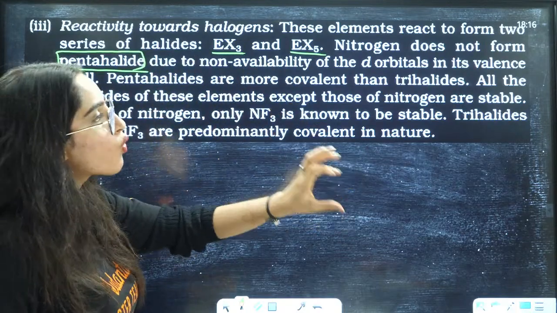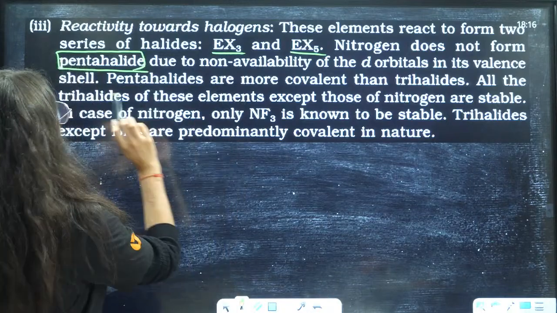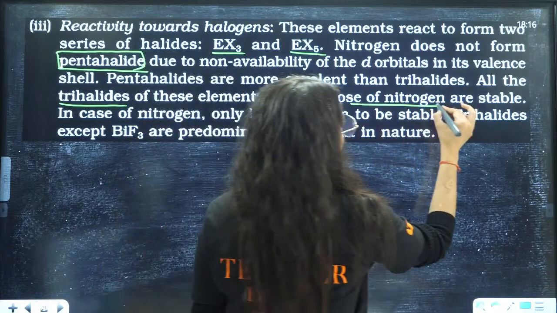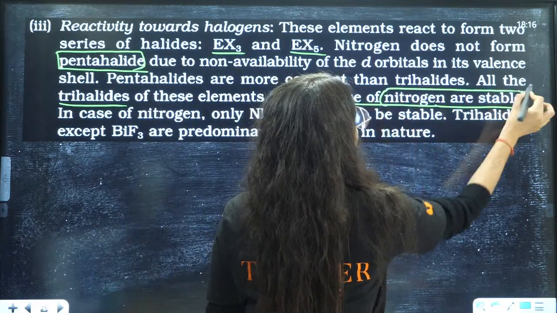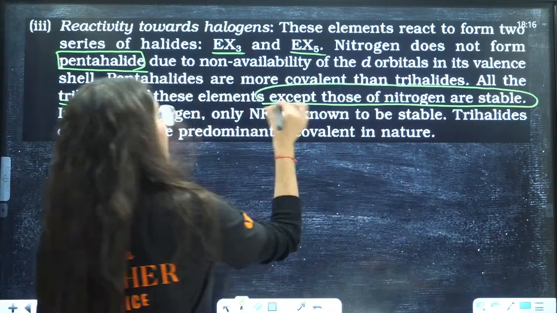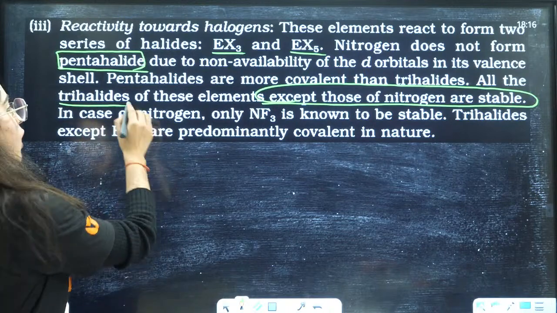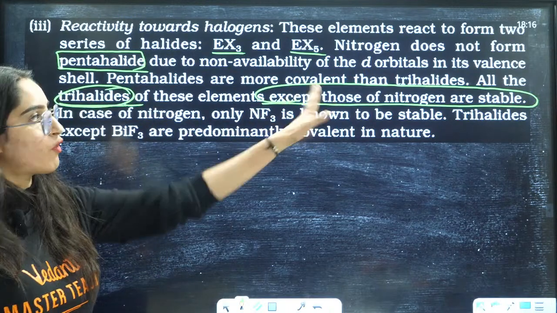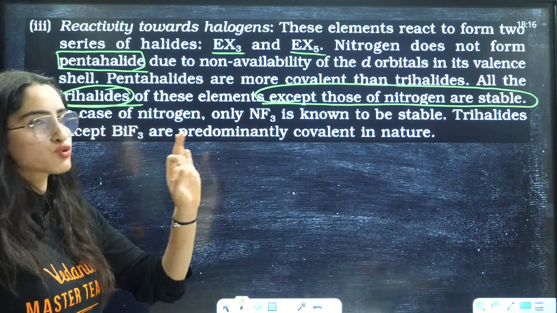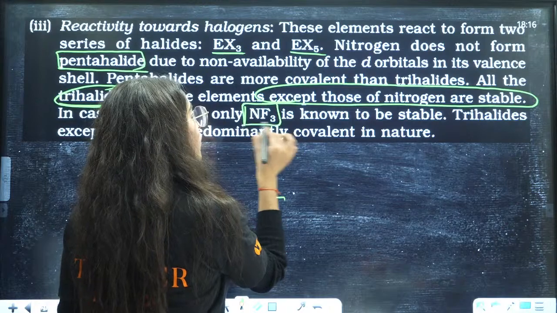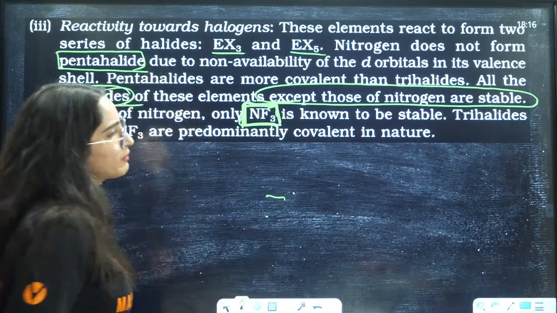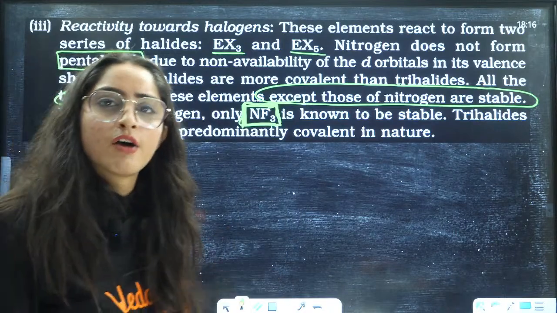Pentahalides are more covalent than trihalides. All the trihalides of these elements except those of nitrogen are stable, right? Nitrogen trihalides are not stable. That means all the trihalides are stable except for nitrogen. In case of nitrogen, only NF3 is known to be stable. Why? Can you tell me the reason? Why only NF3?